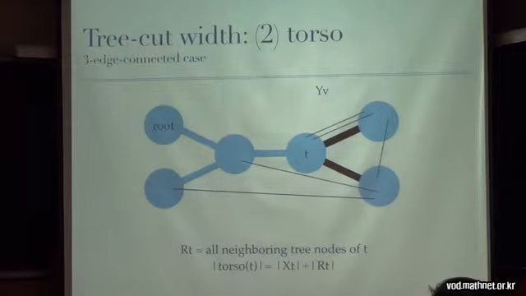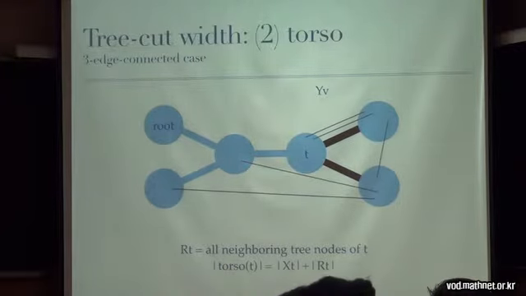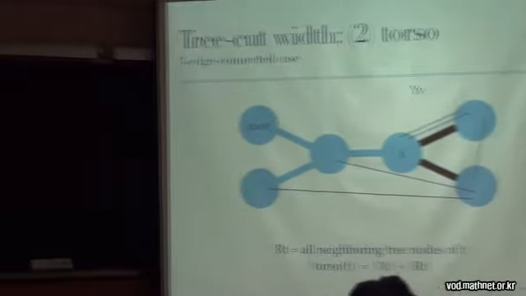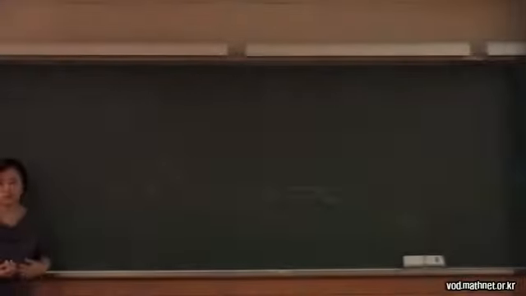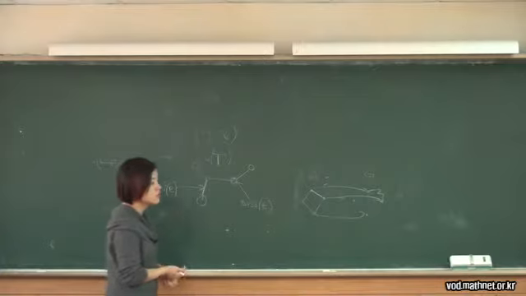So it's simple. For every tree node, I count the number of vertices in the bag of t, and I count the number of neighboring nodes of t. That's another measure that I care about for the tree-cut width.